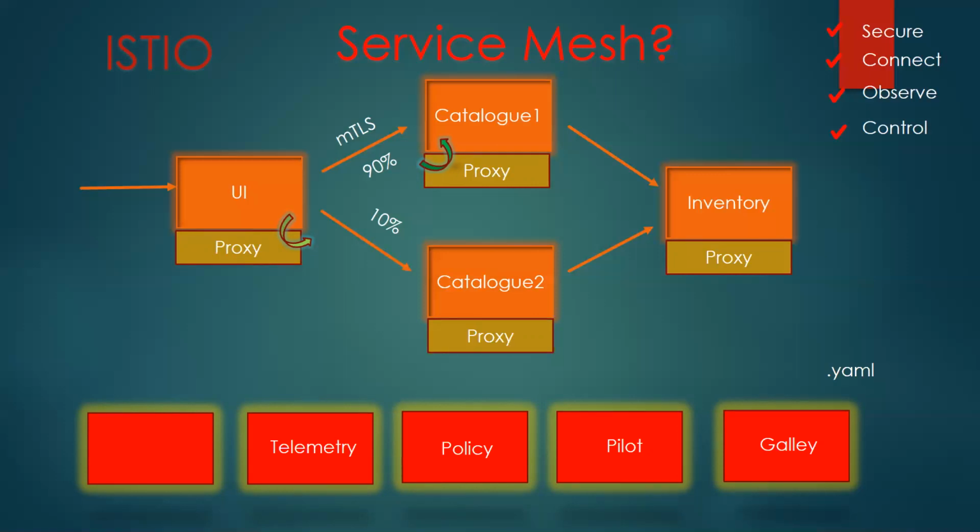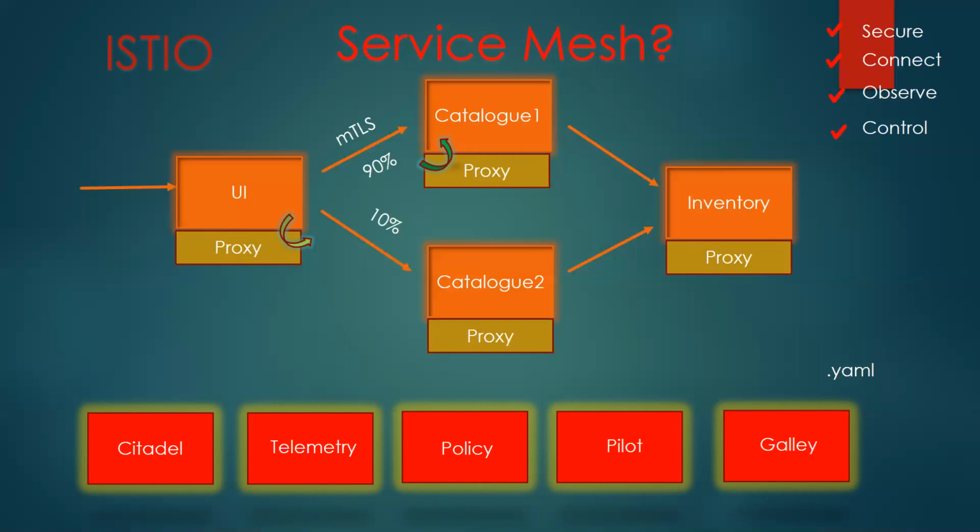I'll explain about the policy and telemetry components later in this slide. Then the next one is Citadel. Citadel is the component which is actually responsible for generating the certificates.